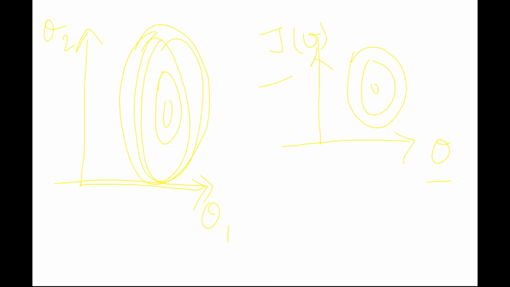This was my J term, and with the variation in theta, theta naught and theta 1, I was getting some J term, and we made the contour for that. It was something of ball shape, and if we flatten it onto 2D, this was my contour plot.